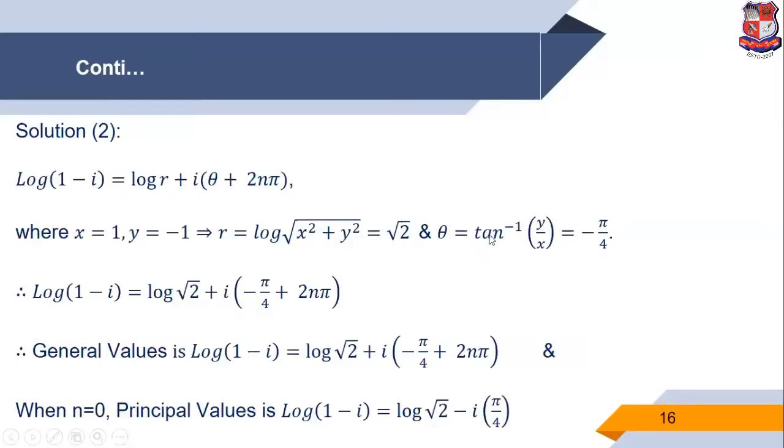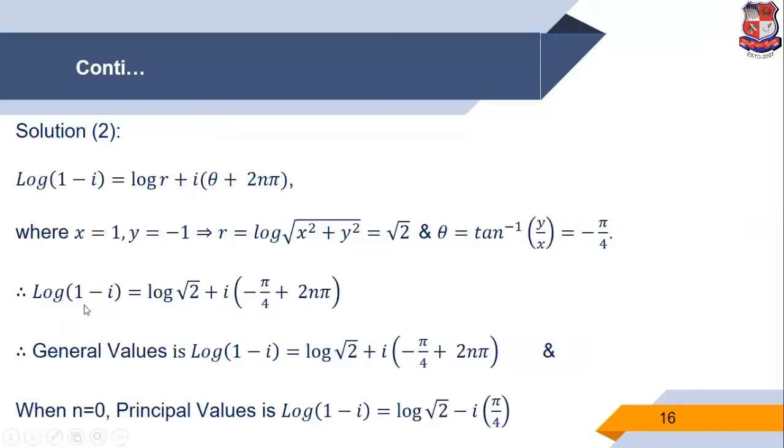And theta is tan inverse y by x. Here x is greater than 0 and y is less than 0, so that means the fourth quadrant, that means minus tan inverse y by x. So tan inverse 1 is pi by 4, so theta is minus pi by 4.